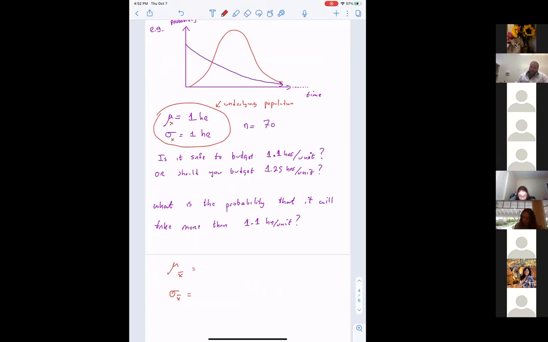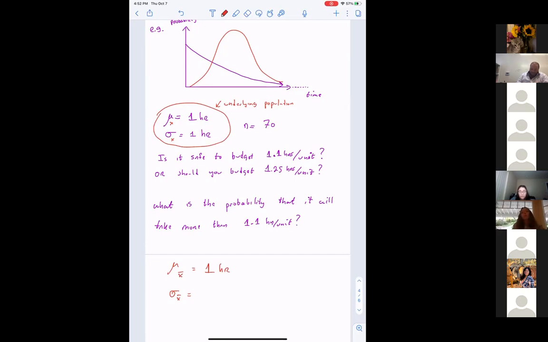What is the mean of the X bar distribution, of my average, if the mean of the underlying distribution is 1 hour? One, because what we saw before is they are the same.